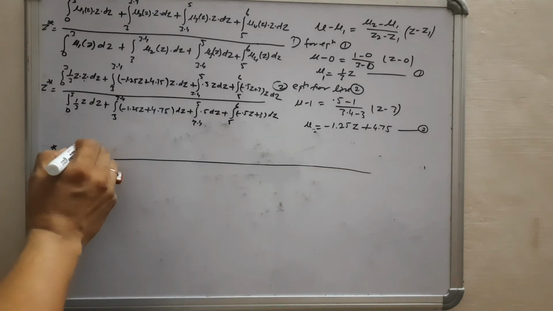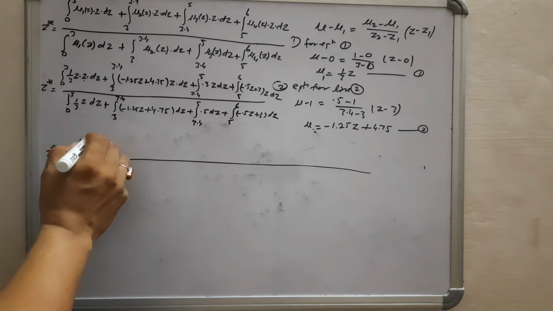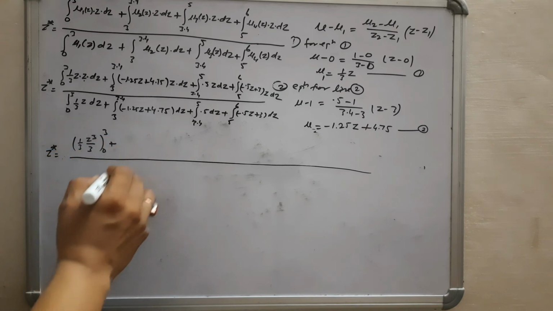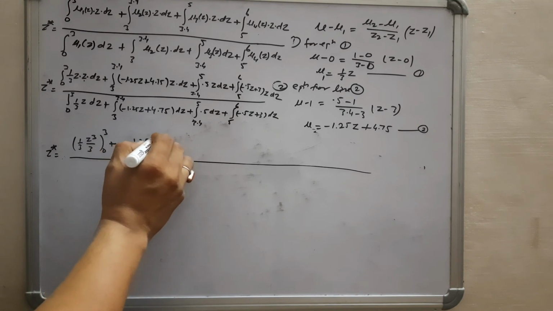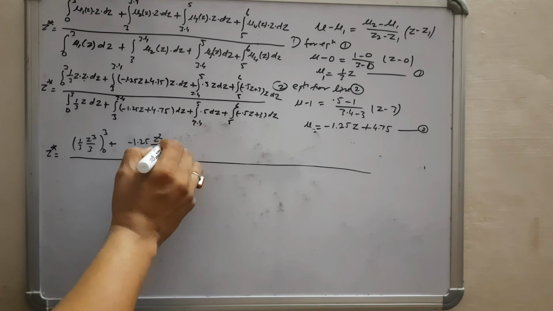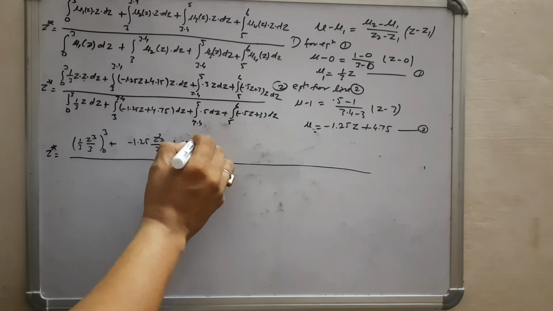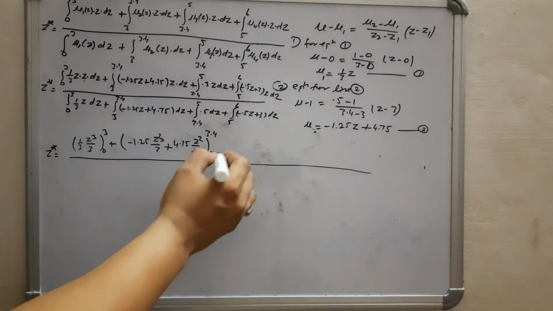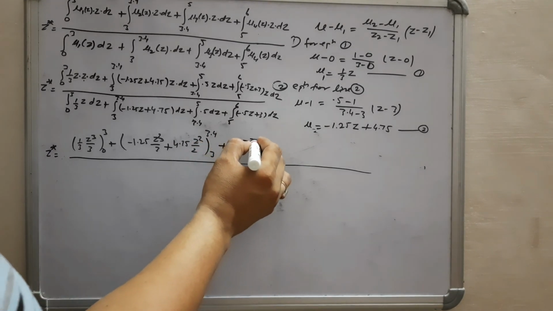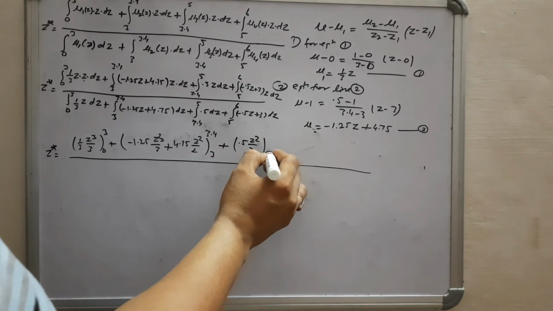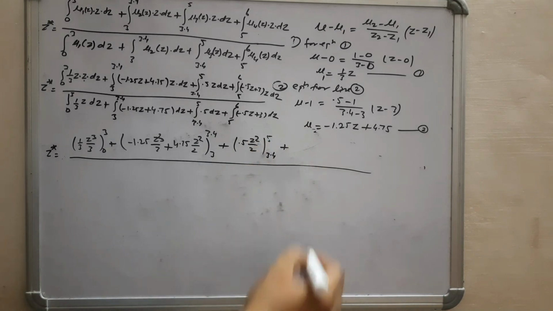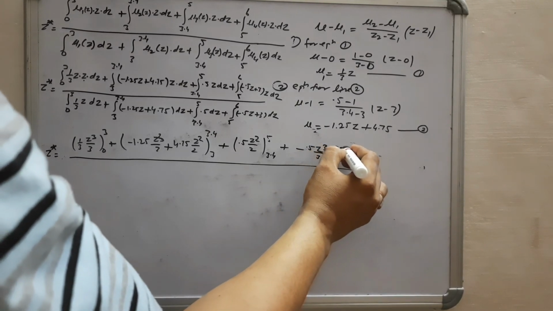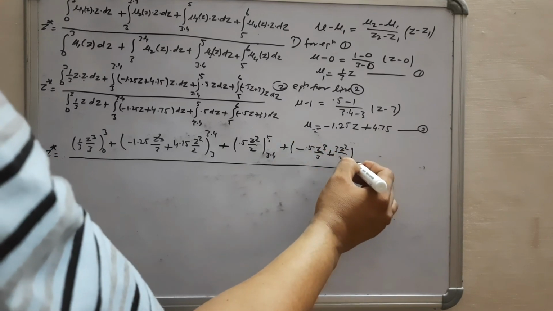So it's 1 by 3, z cube upon 3, 0 to 3, plus minus 1.25 z cube upon 3 plus 4.75 z square upon 2, and limit is 3 to 3.4, plus 0.5 z square upon 2, and limit is 3.4 to 5, plus minus 0.5 z cube upon 3 plus 3 z square upon 2, and limit is 5 to 6.